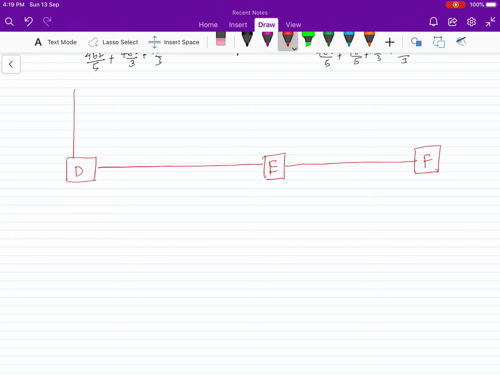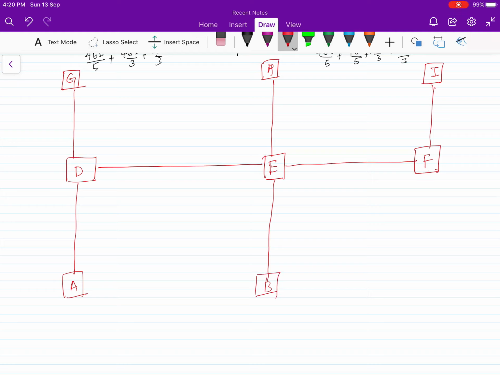With this we have G column and we have A column. Similarly at this we have H and I, we have B and C.